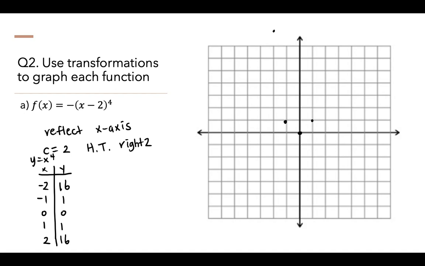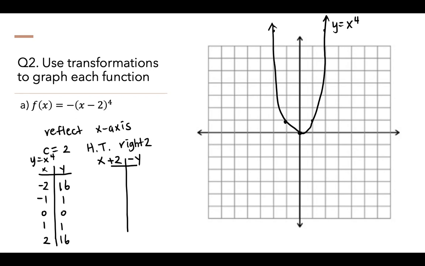Okay, so I just want you to understand how it will be stretched and reflected based on the original. So this is my y is equal to x to the 4. And then if I have to do a mapping rule, it's going to be x plus 2 because it's moving to the right 2, and then negative y.